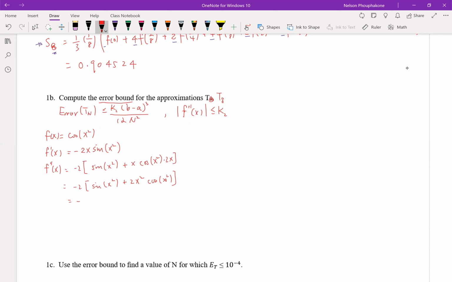And now I will have negative 2 sine of x squared minus 4 x squared cosine of x squared.